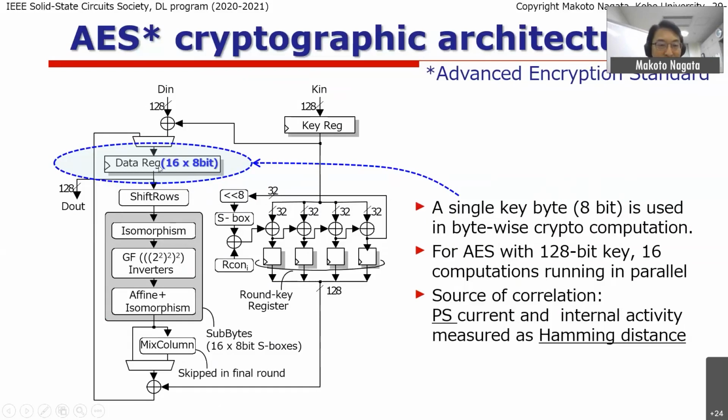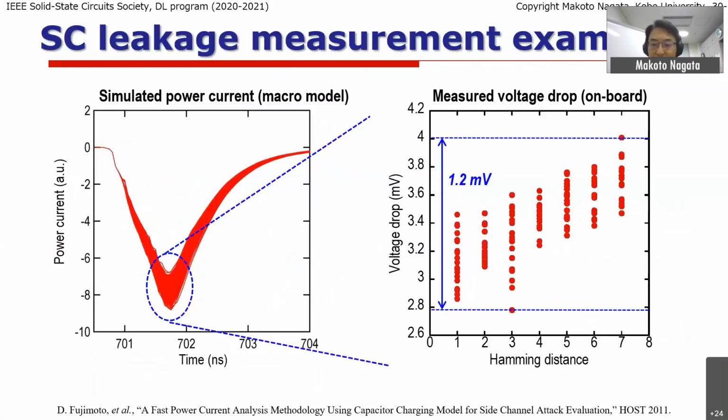And the data register will change its value from the previous round to the last round. In this case, how many bits changed in the data register can be a kind of metric the attacker can use. How many bits shifted can be measured by the Hamming distance by definition. So this obvious relationship may make some leakage and may make some correlations to the internal secret key byte.